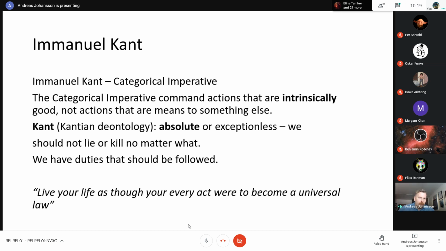One of the quotes that I think describes the categorical imperative is the idea of: live your life as though your every act would become a universal law. And if we follow those inner duties that we have, the society would be good. We will live in an ethically good way. Our morals would be good.